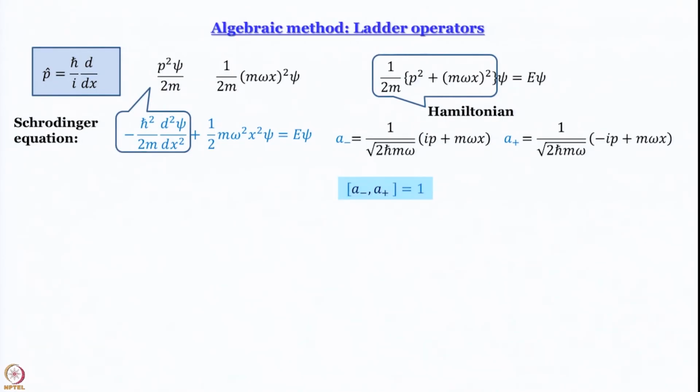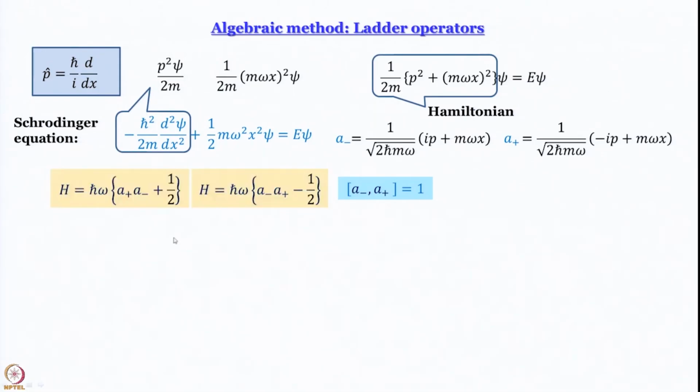And we also asked you to work out that the commutator of a minus a plus is equal to plus 1, which means commutator of a plus a minus is minus 1, right. And since the commutator is not equal to 0, the Hamiltonian is not just a minus a plus or a plus a minus.